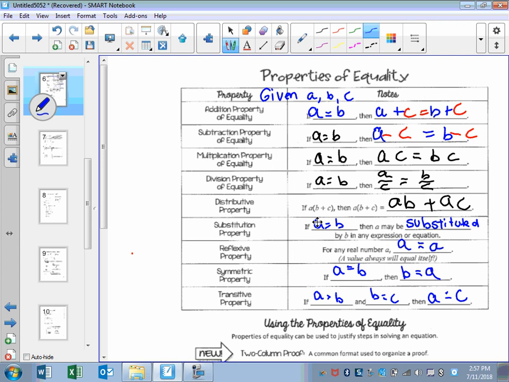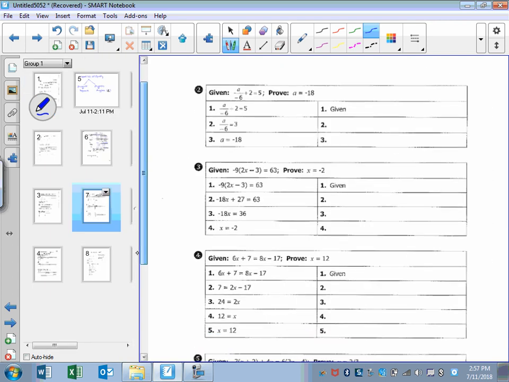The next part, we're going to start some 2-column proofs. And basically, what you want to know is what do I need to do to get from one step to the next step. So I'm going to use highlighters on this next part.